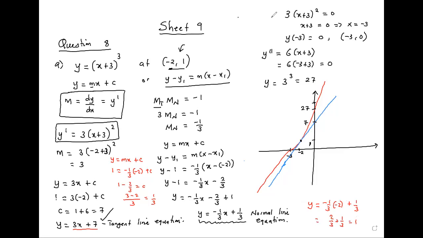So I look for another ink. This one. Let me use the dark one. So we have this as an intercept for the other one. And then when x is 0, it's going to be positive 1 over 3. So we have another line cutting in this direction.